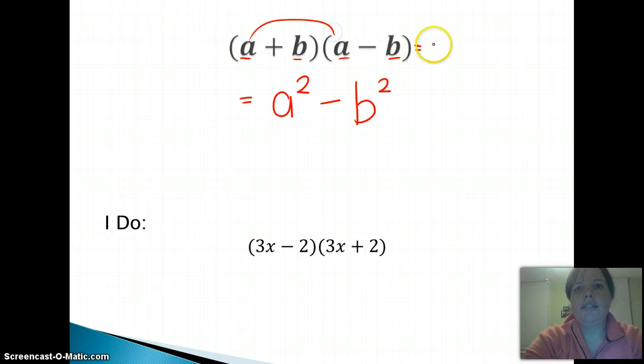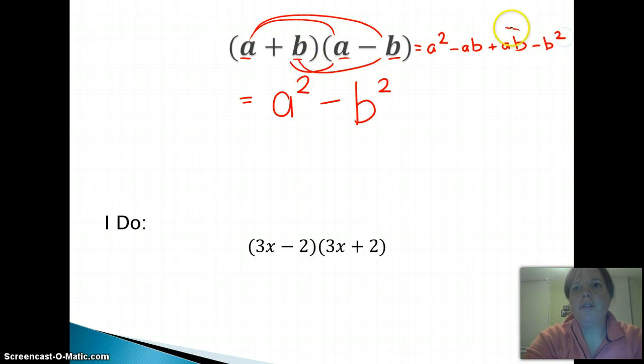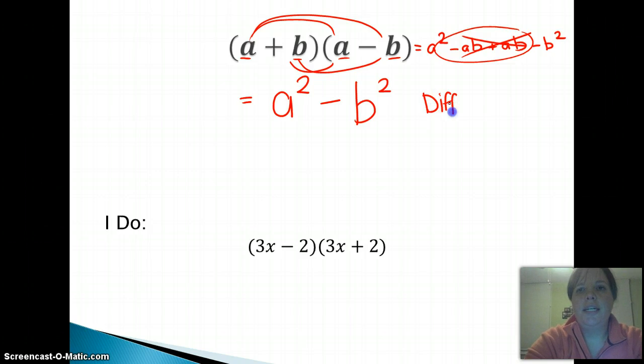A times a is a squared, a times negative b is negative ab, b times a is plus ab, and b times negative b is negative b squared. Notice those two middle terms cancel each other out. We'll talk more about this in the next chapter, but this is what we refer to as a difference of squares.